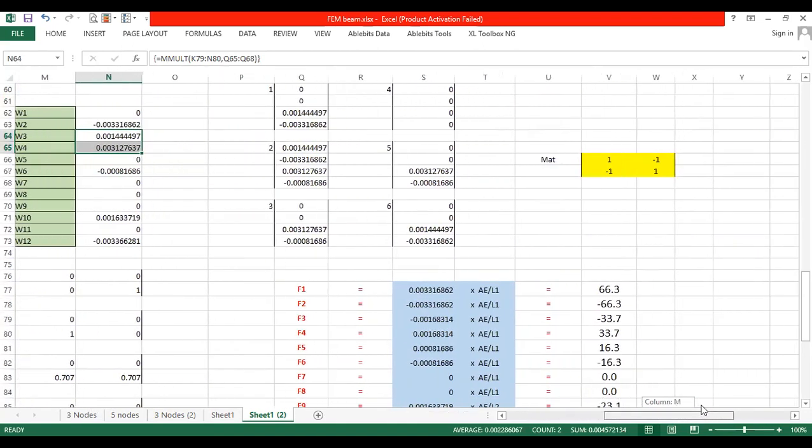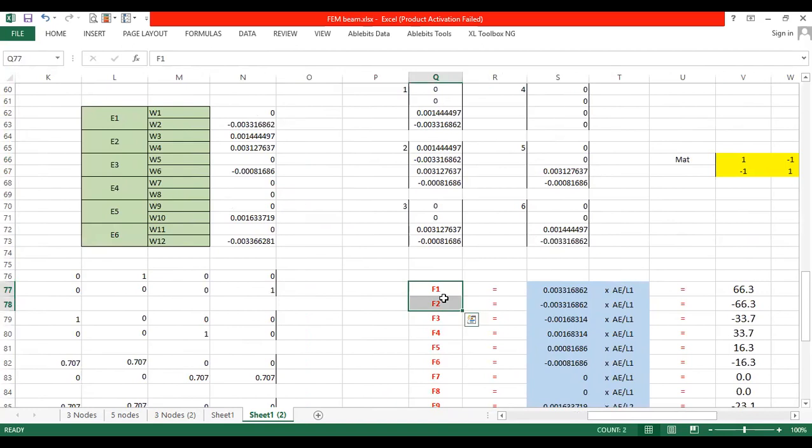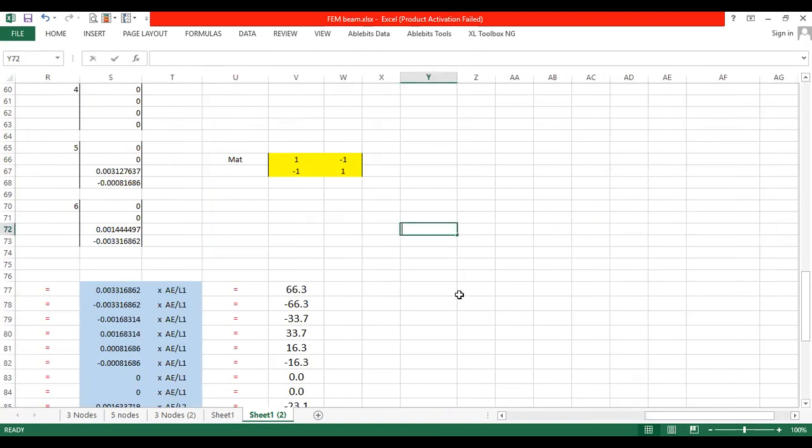So you remember this matrix: W1 and W2 equal to AE over L times this matrix. The member force, tension or compression, F1 and F2, is of a form like AE over L, then 1 minus 1, this matrix, times W1 and W2.